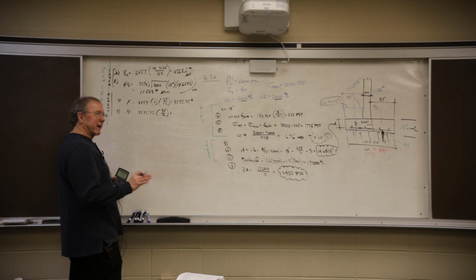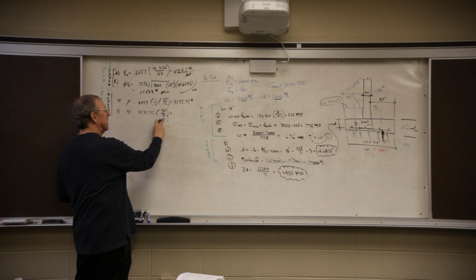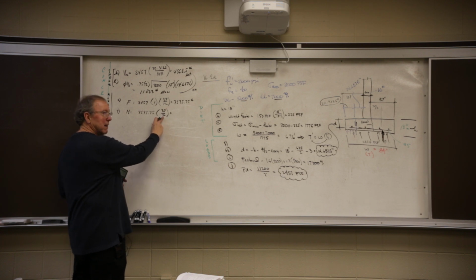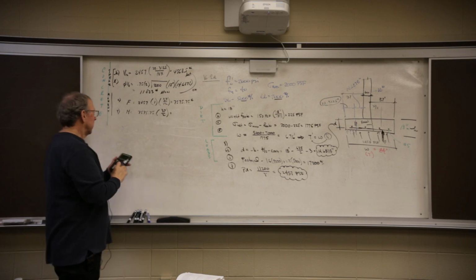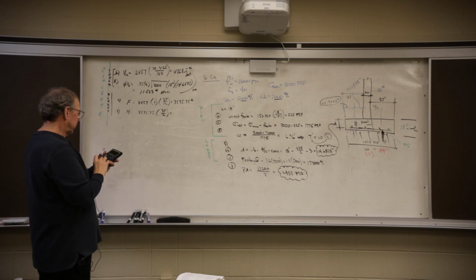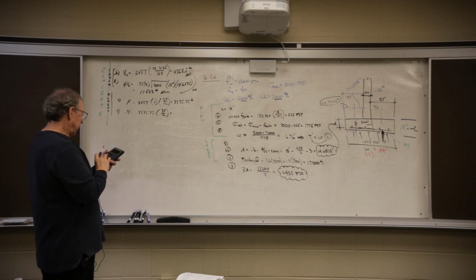Notice, very common mistake on tests. Divide by 12 there. It's not the same thing. This is half of the distance. This is changing the units. So I got 7575 times 37 divided by 2.